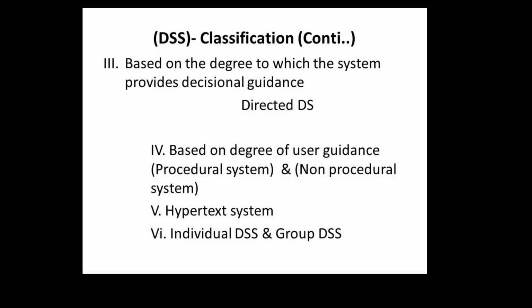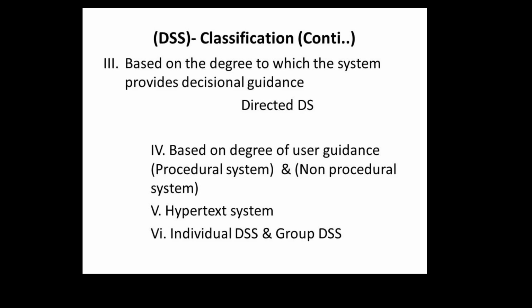So next one, DSS based on the degree of user guidance. Here that is procedural system and non-procedural system. Procedural system means the degree to which the user of a DSS can specify whatever information he or she wants from that DSS in whatever form he or she wants.